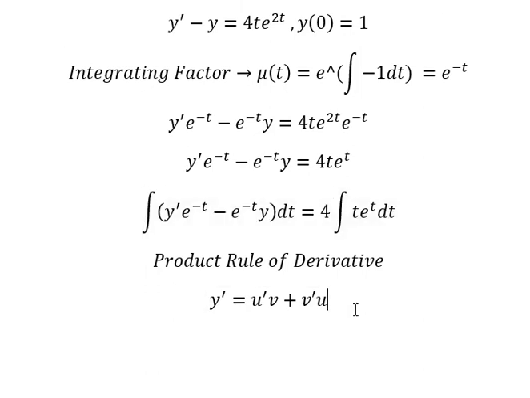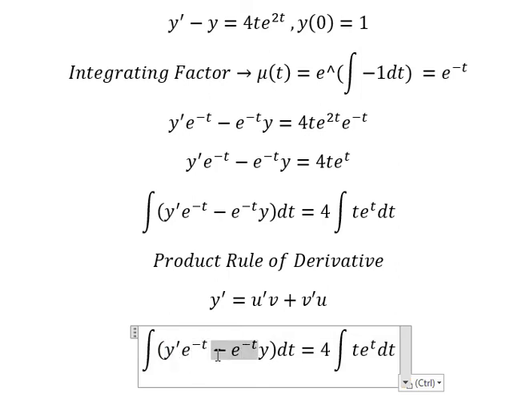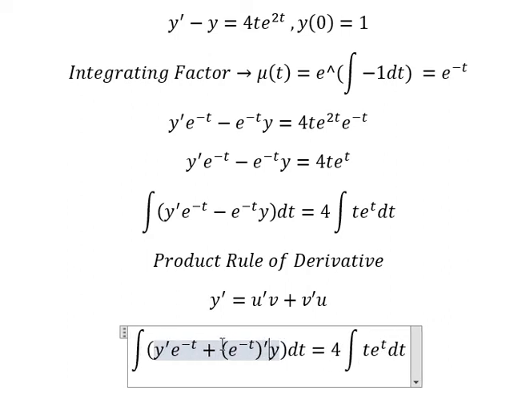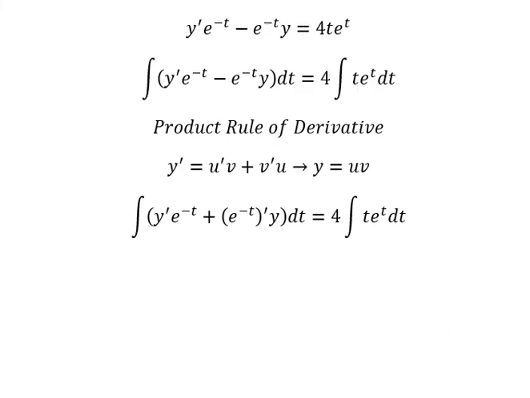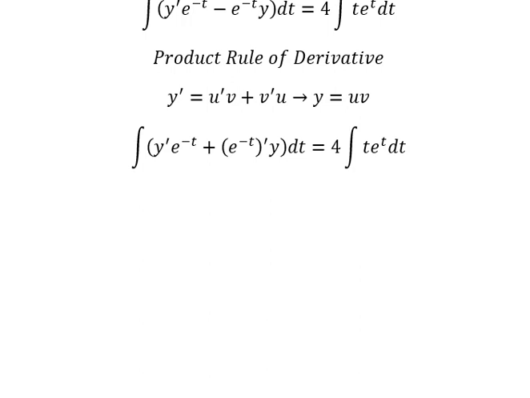If we look carefully, this is the first derivative of u multiplied by v, and this is the first derivative of v multiplied by u. So if I do this integration, we have y equals uv. So the integration of this one gives y e to the power of negative t.